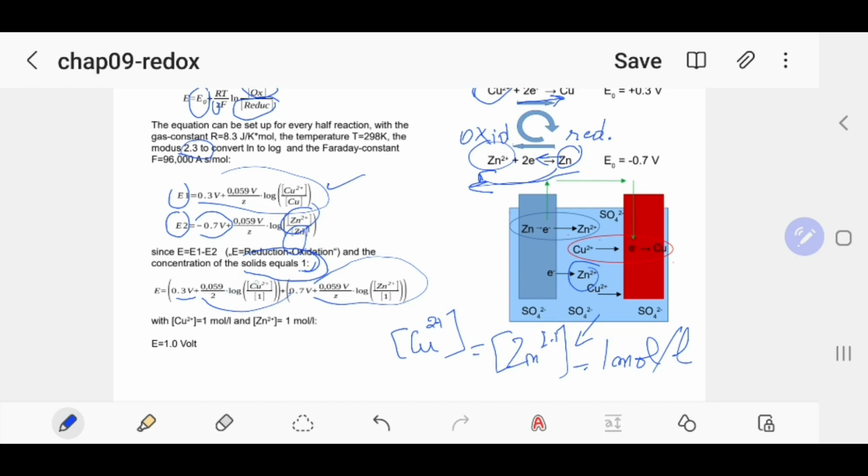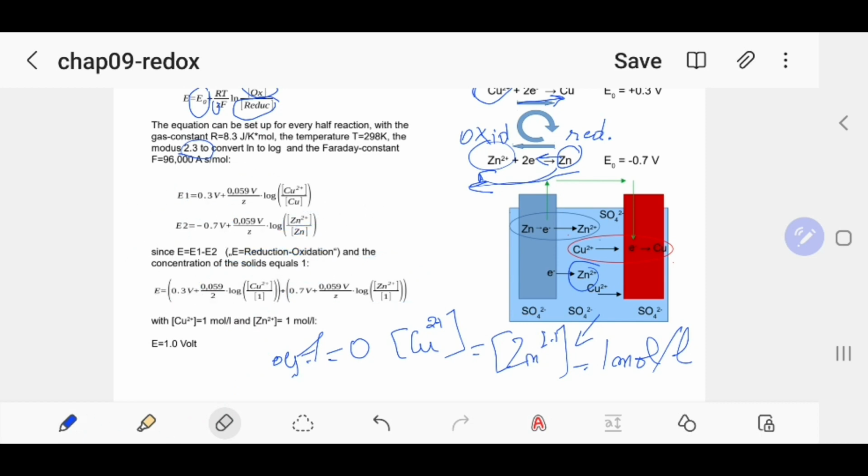logarithm of 1, the concentration here is 1, is of course 0. Logarithm of 1 is 0. So all this is 0. So this is 0 and this is 0.